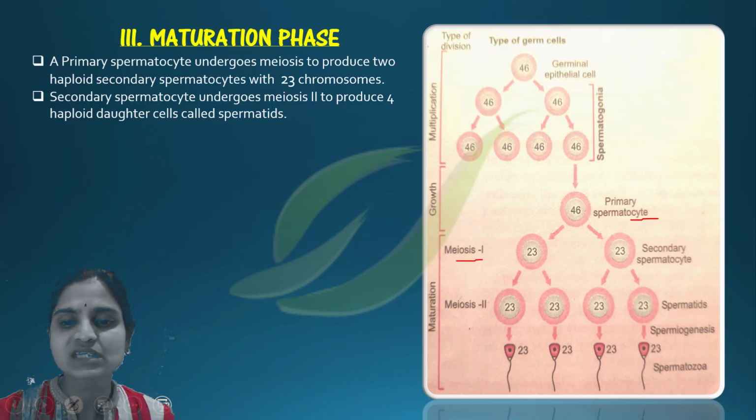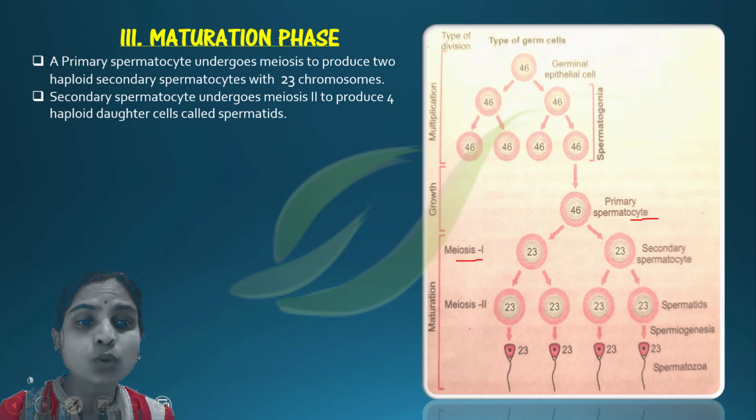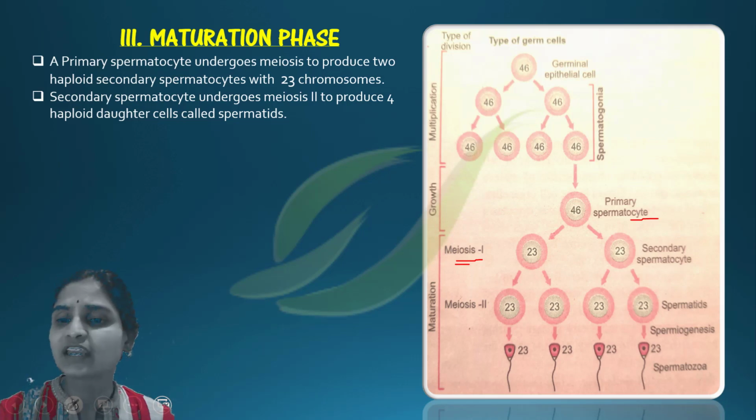We know meiosis cell division occurs as meiosis 1 as well as meiosis 2. In meiosis 1, the primary spermatocyte gives rise to two cells, and they are called secondary spermatocytes.